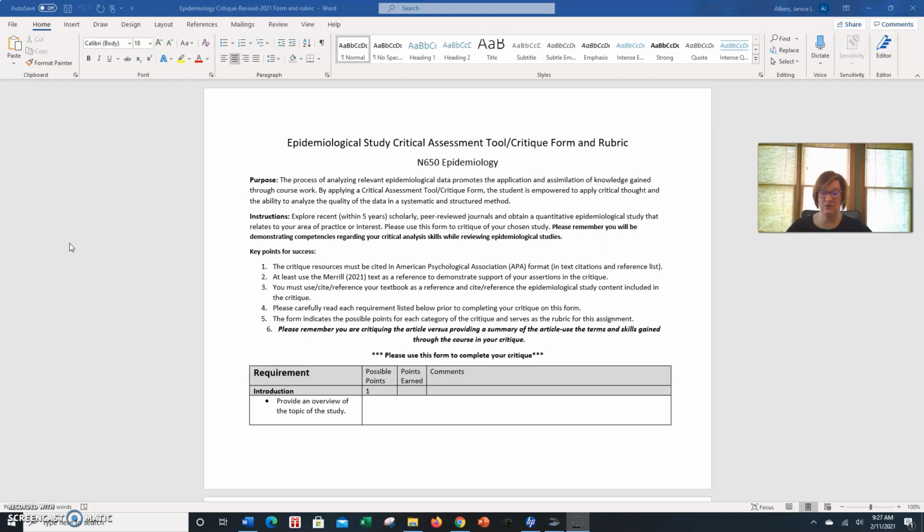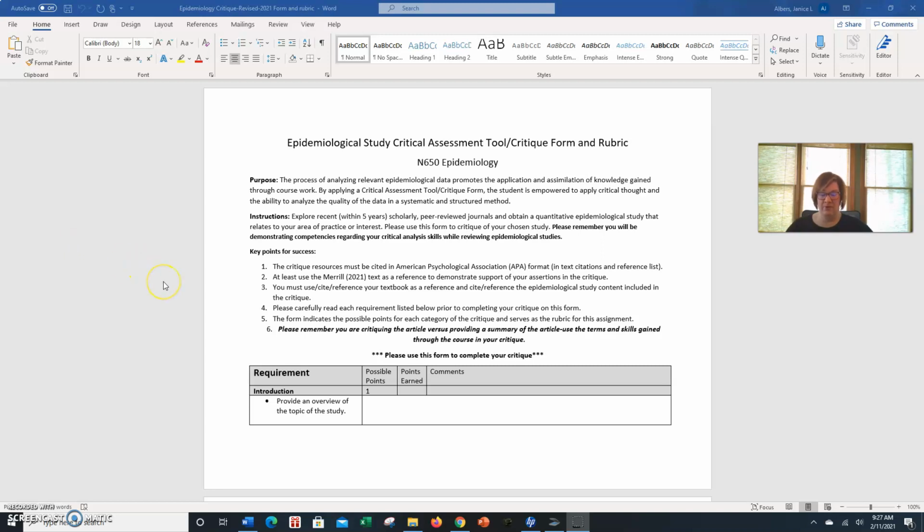You can use additional resources, and that's perfectly fine. Please do so, but if you use resources, cite them. So please be very diligent about reading each requirement, and this form also indicates the possible points, so keep that in context as well.